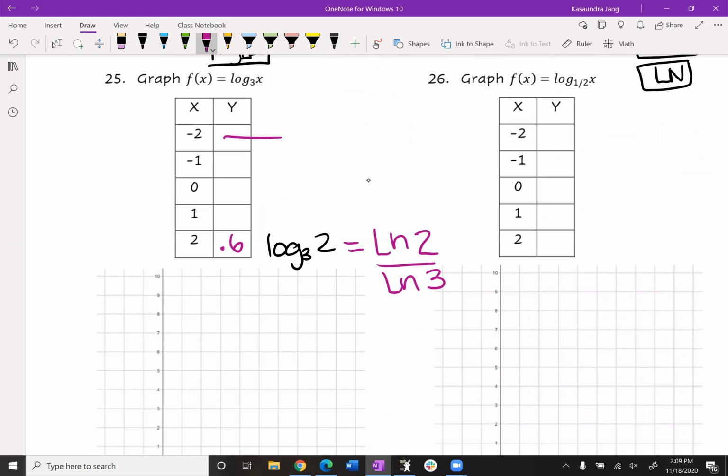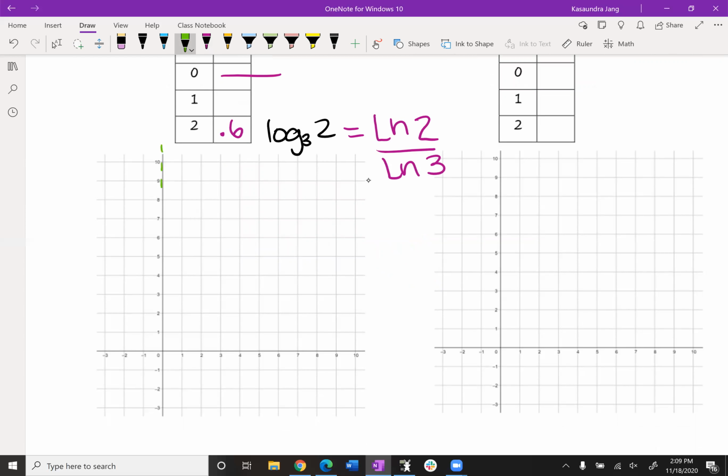Same thing with the -1. And the 0 as well. The 0 is where the asymptote was. That's why it's undefined. At the x value of 0, on my y-axis, I have this asymptote that the graph gets really close to, but doesn't actually hit. So that's why that was also undefined.